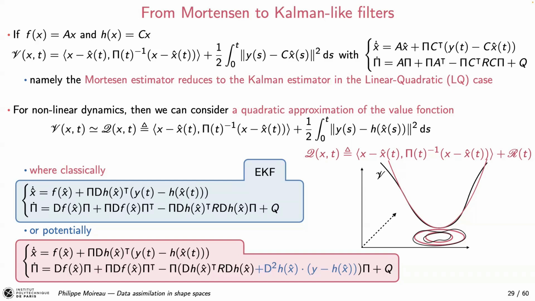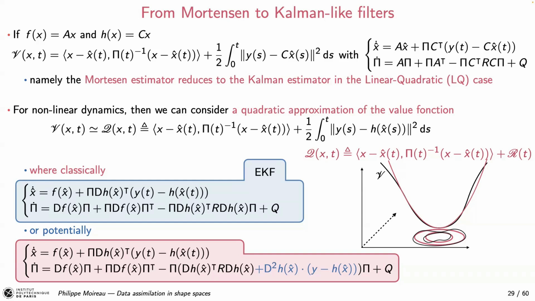Once you have that in mind, you can say, if I don't want to solve the HJB equation in a system space of 1 million degrees of freedom, maybe I could take a quadratic approximation of this value function as parabolas and just try to find the best parabola that fits the value function through time, because what I need is just the minimum and the extension around the minimum.